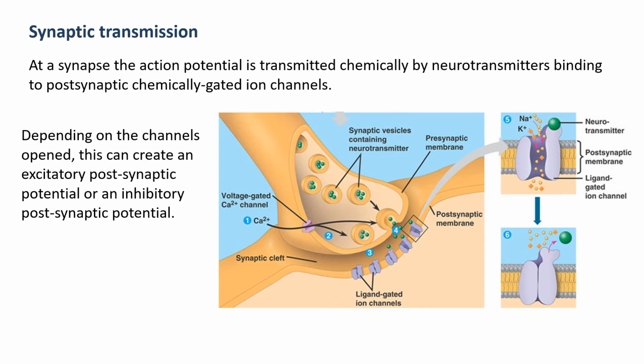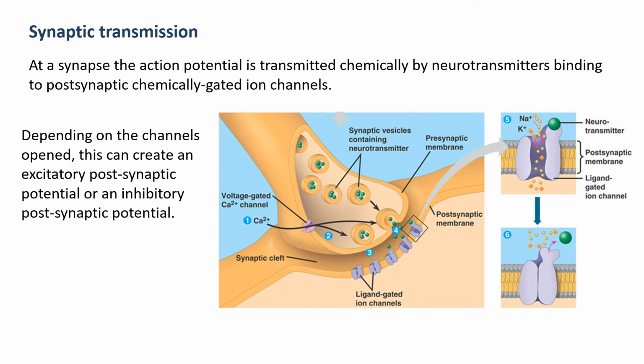Now, depending on the channels that are opened by that neurotransmitter, which depends partly on the neurotransmitter, this can create either an excitatory postsynaptic potential, or it can create an inhibitory postsynaptic potential, an EPSP or an IPSP.